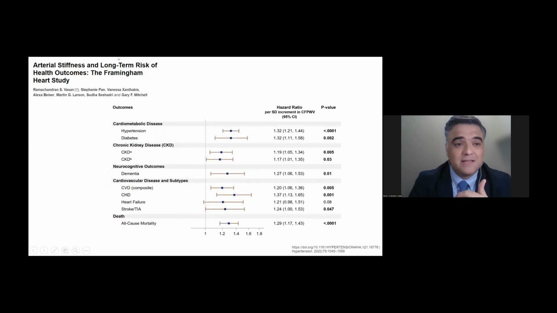The same, taking advantage of the topic of our conference, has been shown for the role that arterial stiffness plays not only in the development of cardiovascular disease, but also cardiometabolic and chronic kidney disease through time. Patients with higher pulse wave velocity, higher than expected for their age, with accelerated vascular aging, have a higher risk of developing not only cardiovascular disease, but also cardiometabolic and chronic kidney disease.